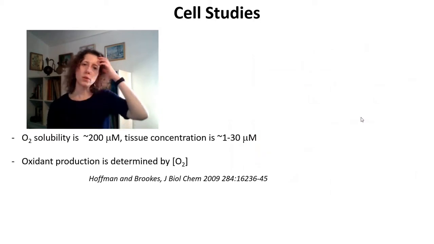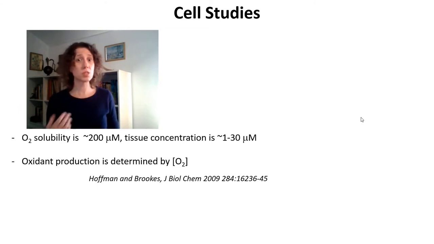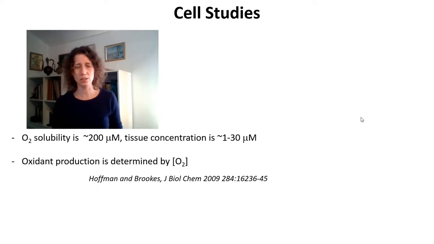Another point I wanted to talk about relates to cell studies. So there are many characteristics when you study a cell, a cultured cell, that are quite different from a cell in vivo. And one of the important ones is oxygen concentration, and that really changes oxidative phosphorylation and specifically changes mitochondrial oxidant production. So solubility of oxygen in culture media in normal temperatures is around 200 micromolar.